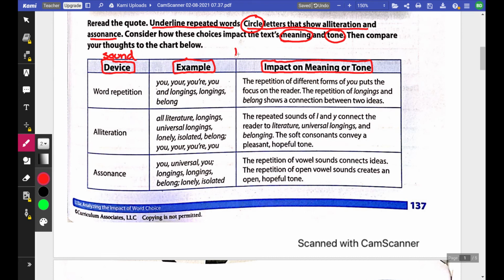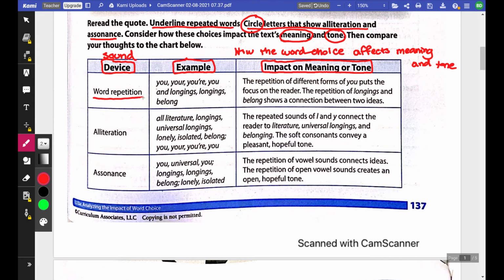So I'm going to make myself a note of that. That's how the word choice affects meaning and tone. All right. So let's go ahead and look at our first column, which is about word repetition.